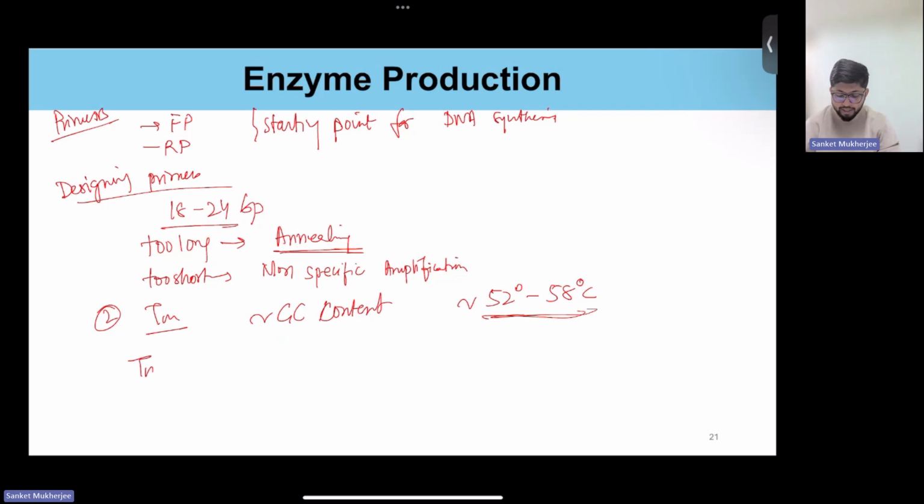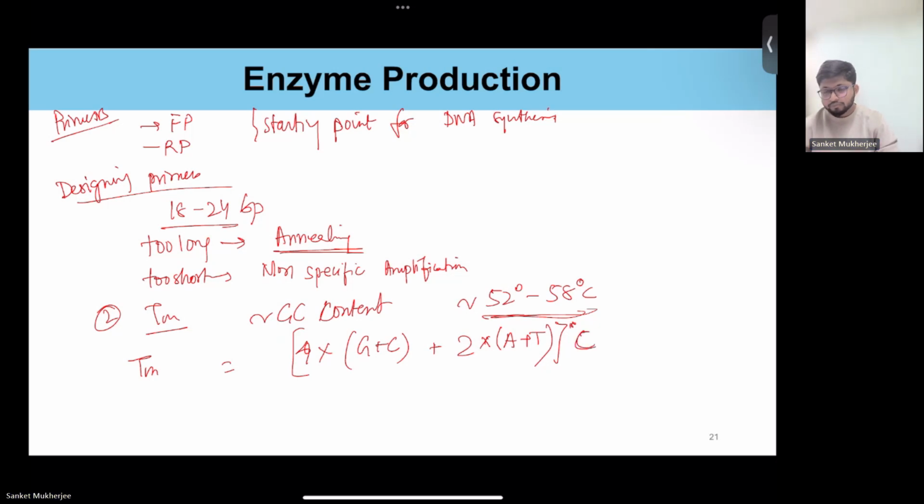How to calculate Tm? Usually the most preferred formula is you simply add 4 times the GC content and 2 times the AT content, and you calculate the value in degrees Celsius. And this is actually good for primers less than 14 base pairs.